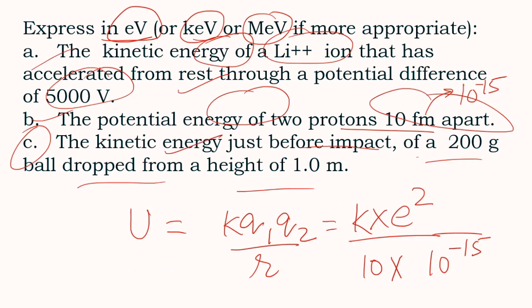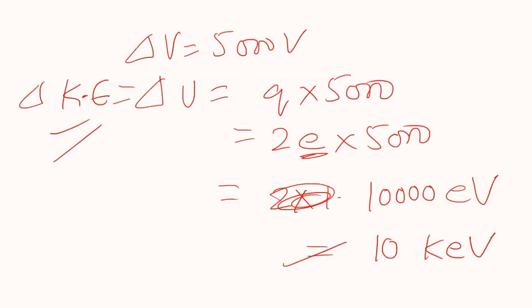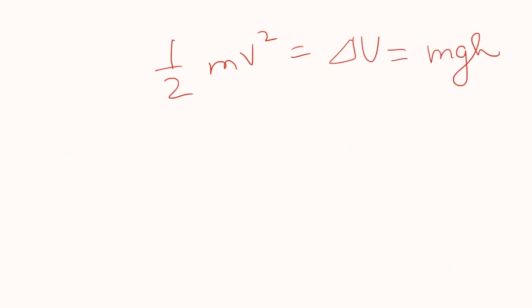Next is the kinetic energy just before impact of a 200-gram ball dropped from a height of this. So you know what it is. The kinetic energy will be equal to the change in potential energy, which in this case is the gravitational potential energy, mgh, the work done by gravity.